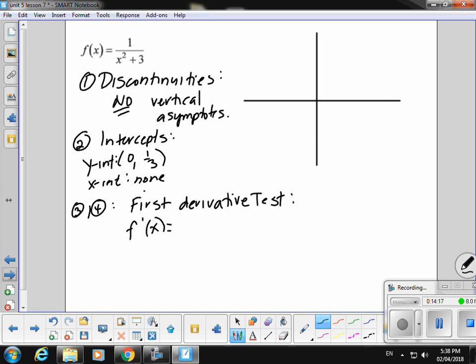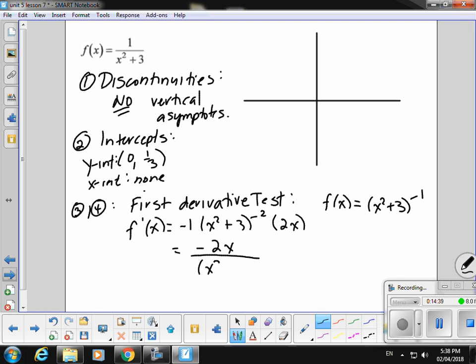Maybe an easier way to write this, because I am super lazy: x squared plus 3 to the negative 1. Bring down the negative 1. Decrease the power by 1. Don't forget the guts. You could rewrite that as negative 2x over x squared plus 3 squared if you like.